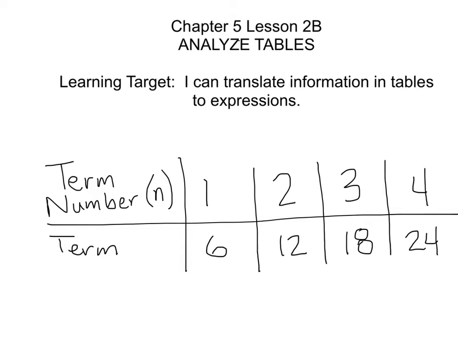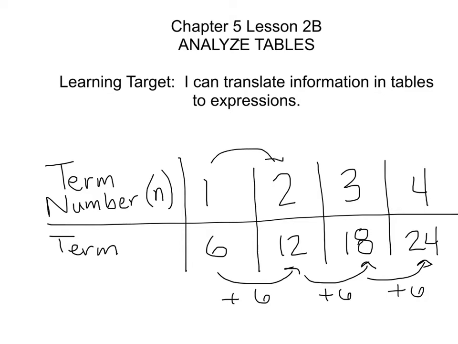Okay, this is one of the examples that was on the PowerPoint. Are you having a leak? Okay, now we said when we initially worked this problem that our common difference is that we're increasing by 6. And of course in our term number we're increasing by 1.